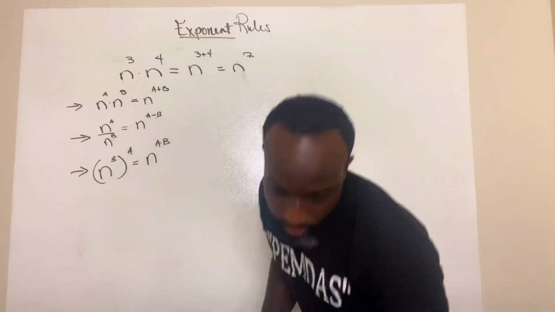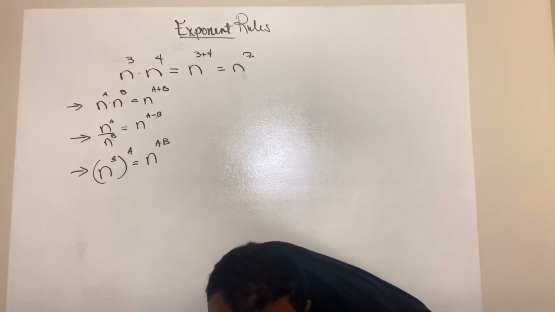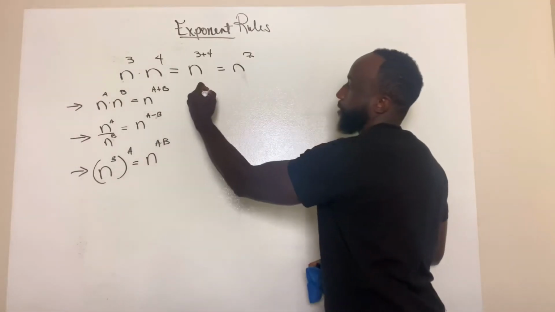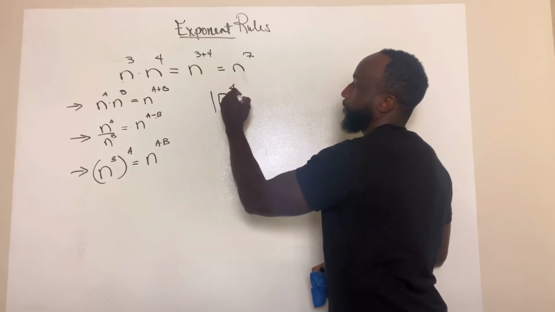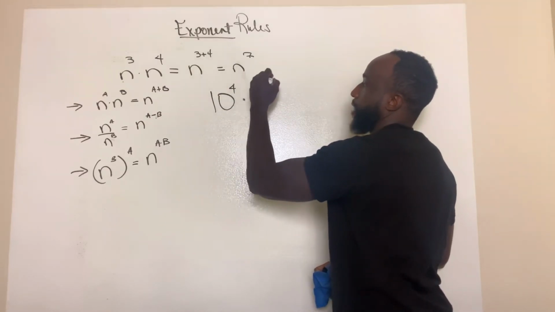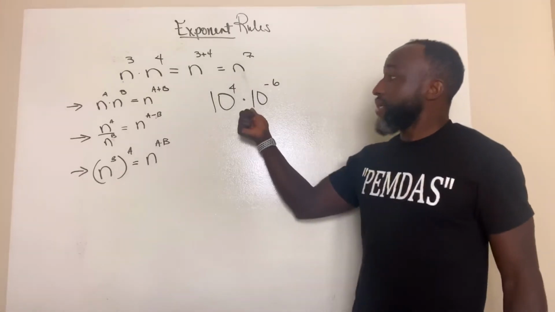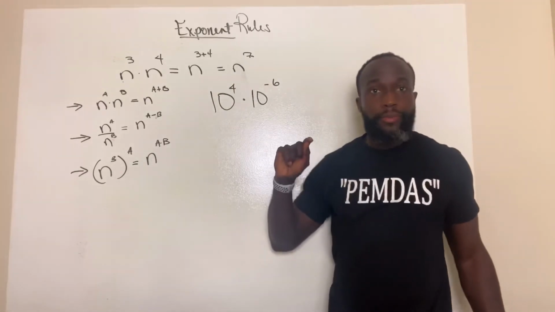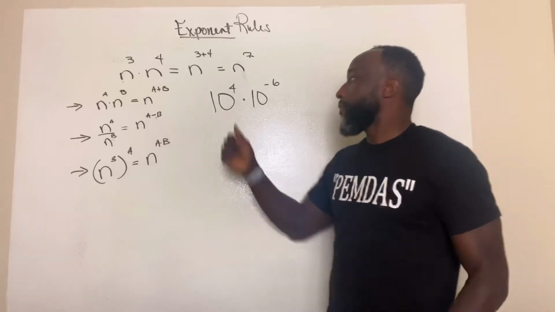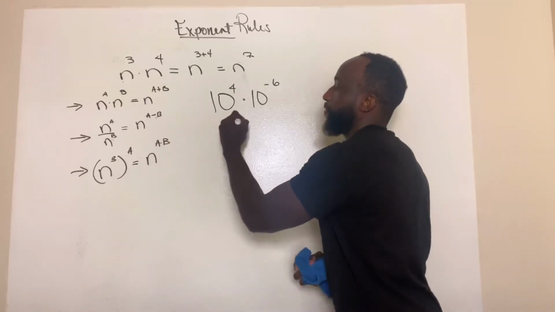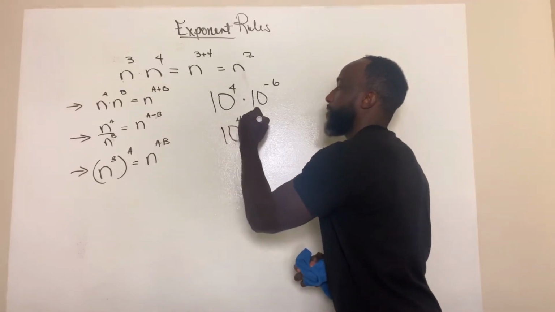Now let's make it a little more challenging. All right? So look, what if I had 10 to the 4th times 10 to the negative 6th power? All right? This is just reviewing. This is an example of the product property, right? And so what I'm going to do is 10 to the 4 plus negative 6.